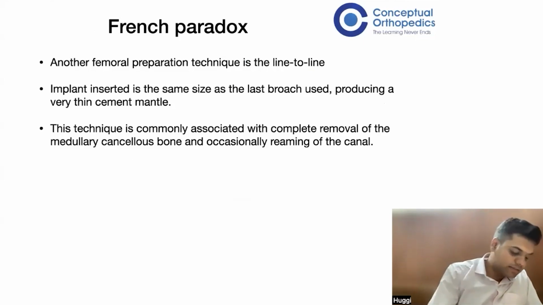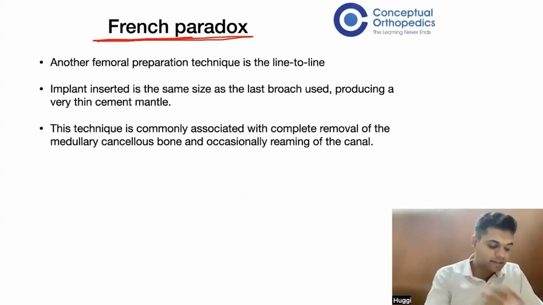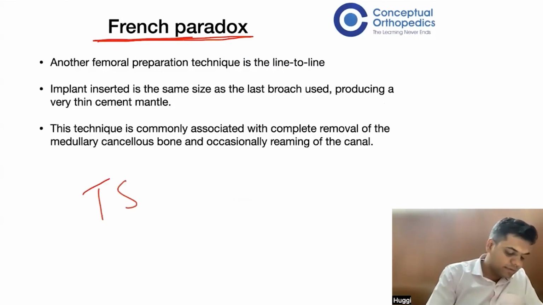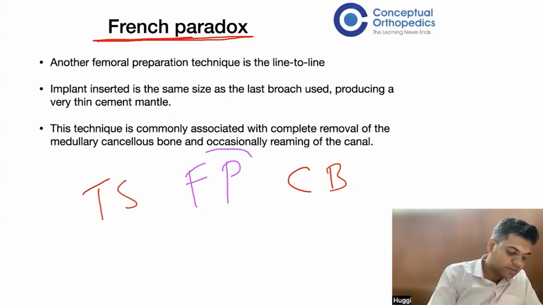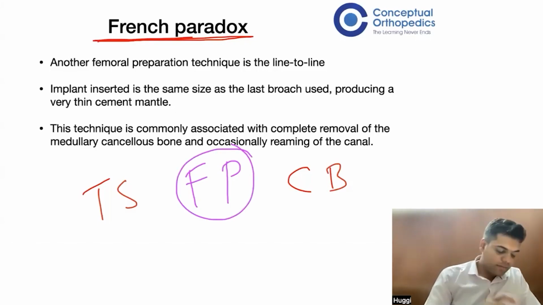This is a newer concept compared to the other two concepts, taper slip and composite beam. This is a different concept. Here the most important technique in broaching is line to line.